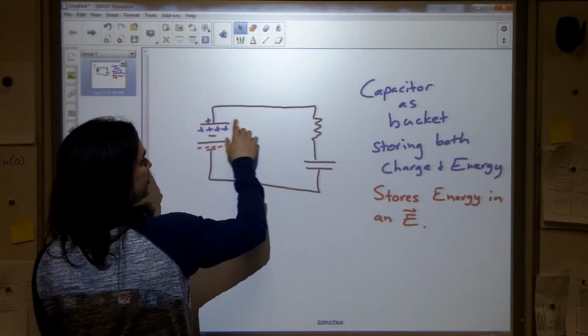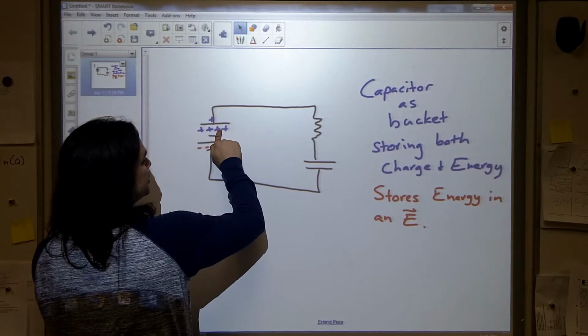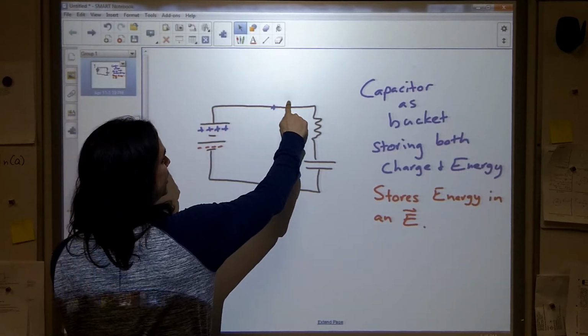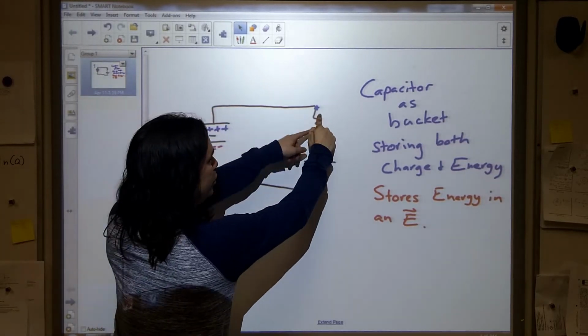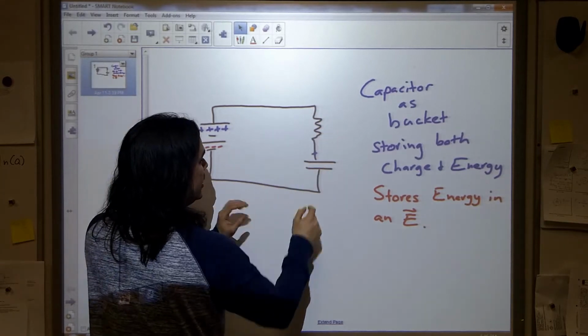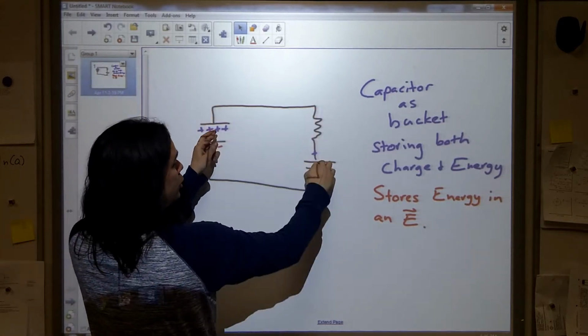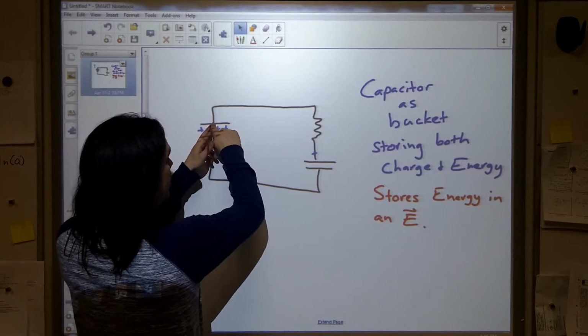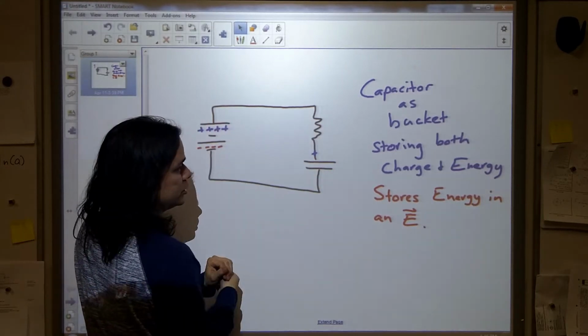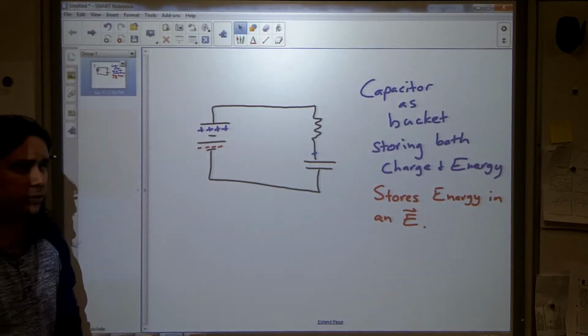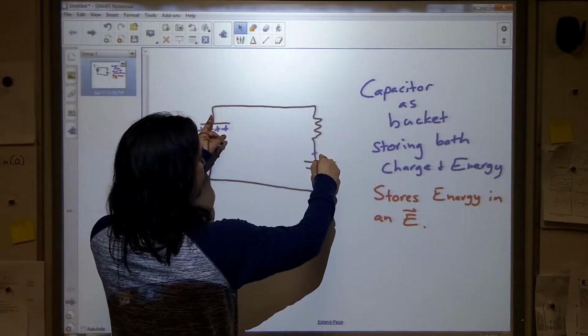As we start up this circuit, after I connect it, positive charges are going to leave the battery, and they're all going to be pushing through here, go through a resistor. Now, I'm showing you one charge flowing through here, but in reality, for one charge to move, all the other charges have to move. It's kind of like a musical chairs scenario. There are charges all through this.